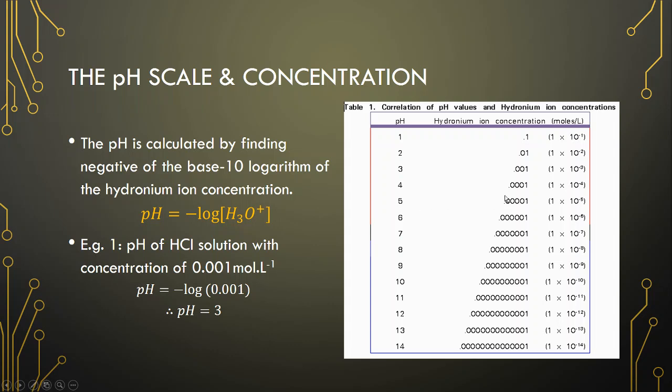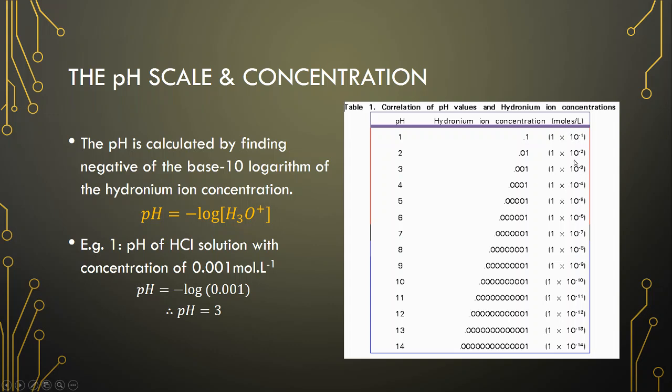Something that you would notice is that there's an increment here in pH, or actually a decrease in concentration. 0.001, and if you divide that by 10, you get 0.0001. Divide by 10 again, you keep increasing the number of zeros in the decimals.